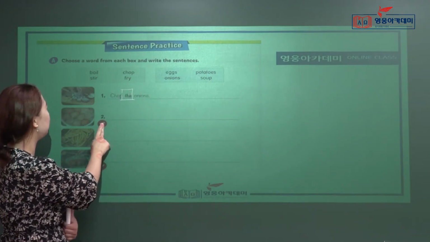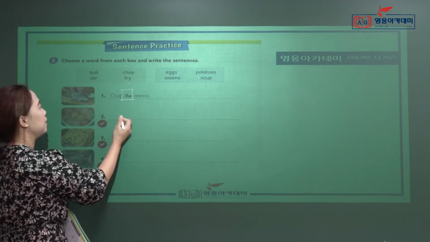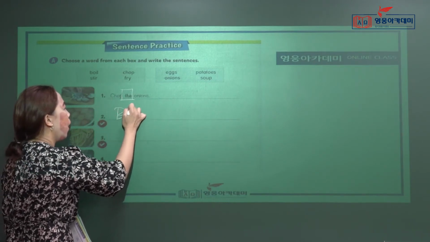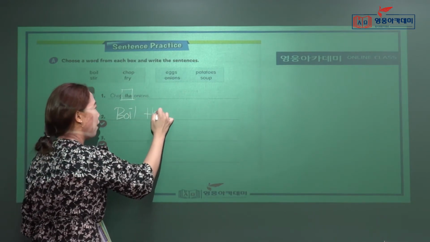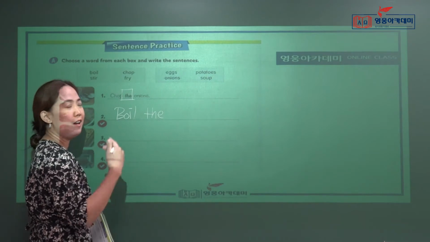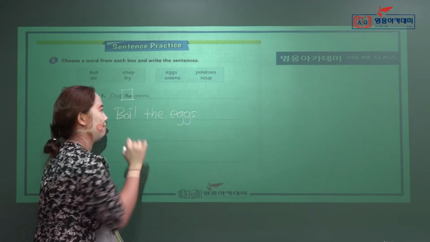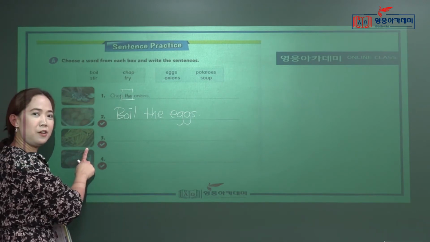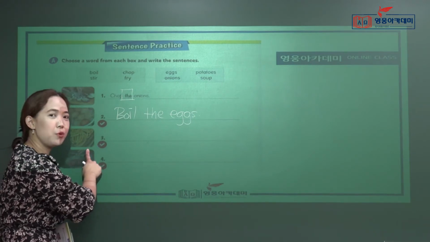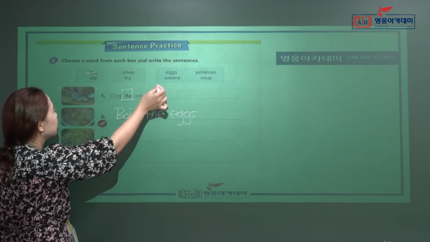All right, number 2, let's look at the picture. All right, what is this word? That is right, that is boil. Yes, write the article the, boil the, all right, boil the eggs. Right, number 3, what is this picture? French fries. What do you do with French fries? Okay, we have this chop.